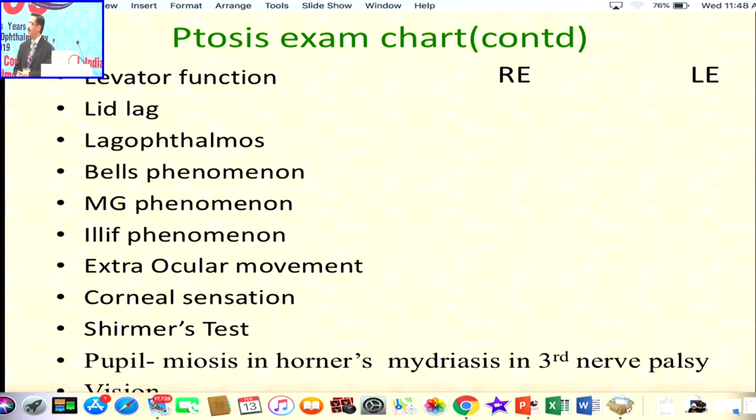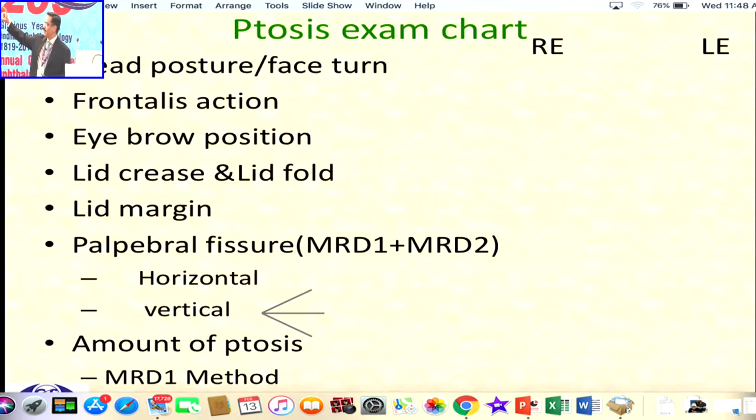Now there are certain other points: levator function, lid lag, lagophthalmos. So what all points have we discussed? 5 points which are not related to ptosis: head posture, frontalis action, brow position, crease and fold position, and lid margin. Then 2 points related to ptosis per se: palpebral fissure and amount of ptosis.